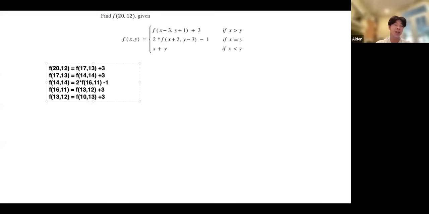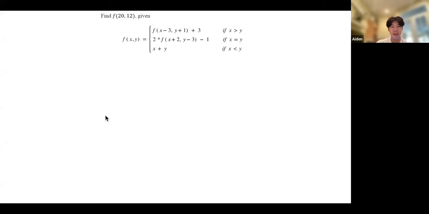And finally now, since 10 is less than 13, we can use the bottom equation, which is our base case in this scenario. And so f of 10 comma 13 is equal to 10 plus 13, which is 23.